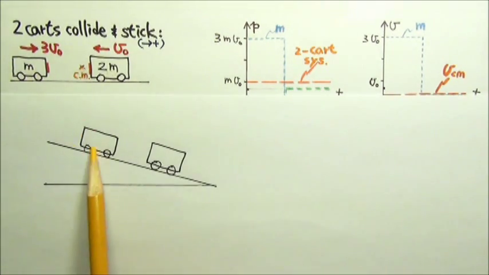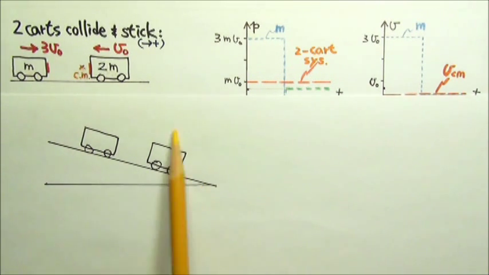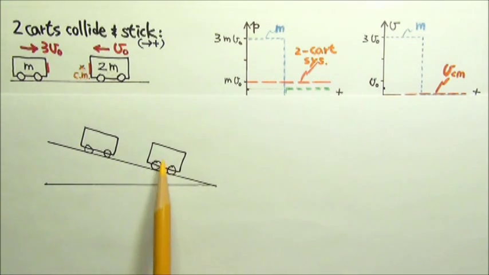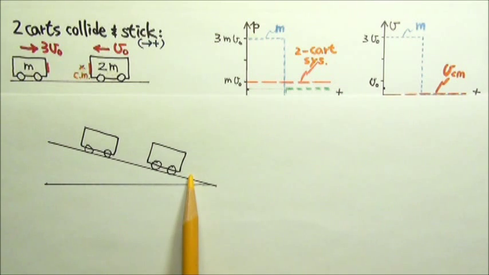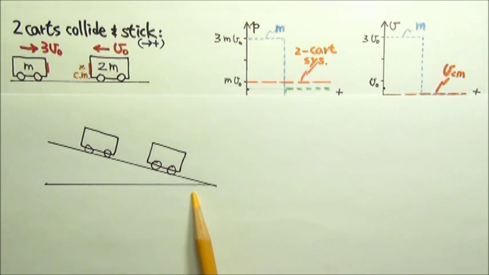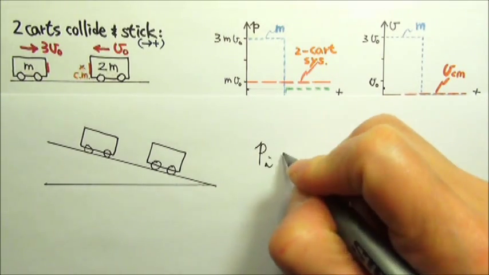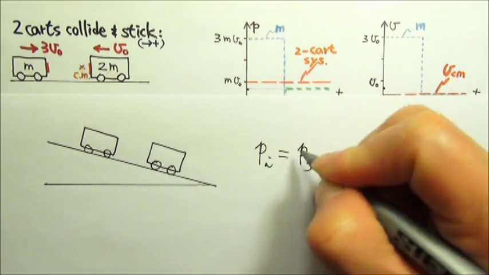Or, if a collision happens on an incline, then the net force on the whole system would not be 0, because the net force would be mg sine theta going down the incline. If the net force on the whole system is not 0, then we would not have momentum conservation. So for this collision, we cannot say the whole system's initial momentum equals the final momentum.